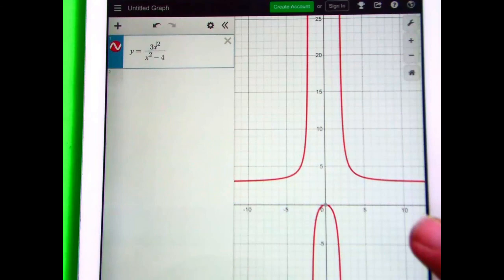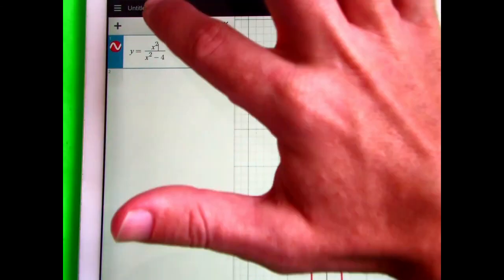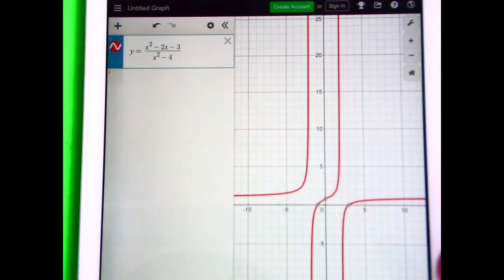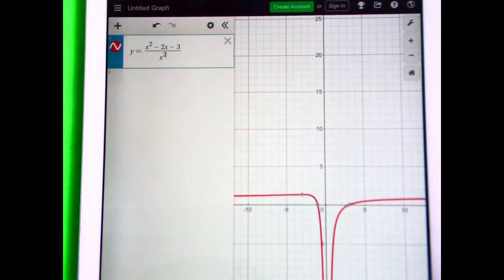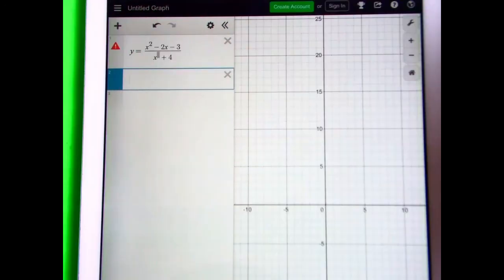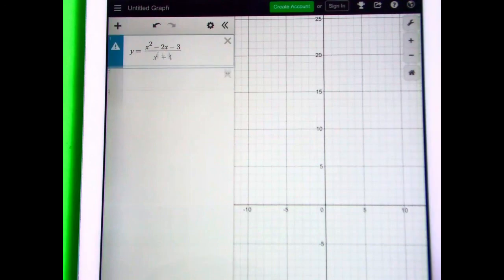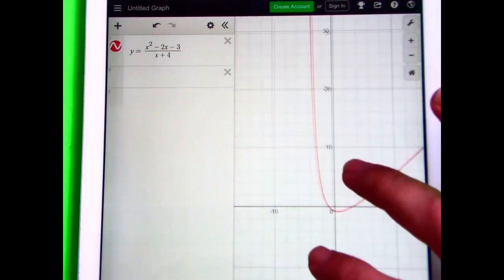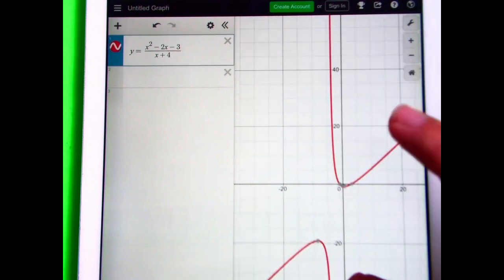So after I graph the original function, I'm going to graph the asymptotes x equals negative 4 and y equals x minus 6. I'm going to graph the two asymptotes, the vertical one and the slant one, and that should make the graph really stand out here, and it's going to look just like the one we did on paper.